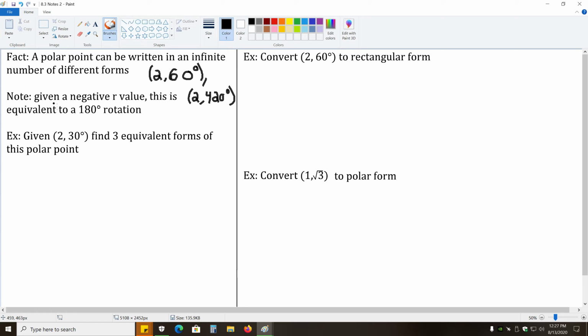Another way that we can rewrite these and still have the same value is we have a note that says given a negative r value, this is equivalent to a 180 degree rotation.